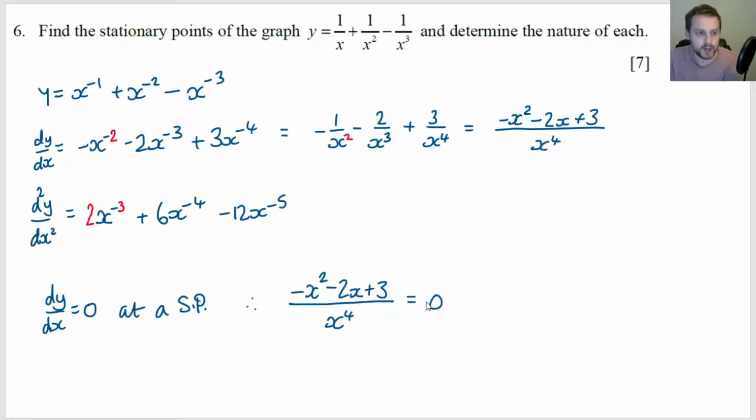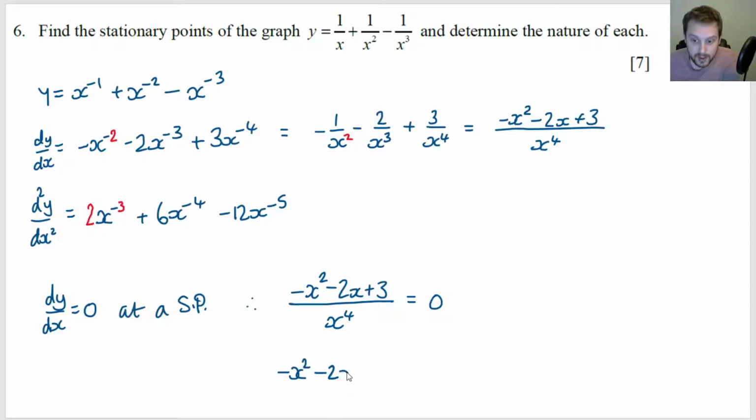Now, if you have a fraction equaling 0, then the numerator has to be 0. An alternative way of thinking about this is I'm just going to times both sides by x to the power of 4, right? On this side, I'll be left with the numerator, and on this side, I'm going to have 0 times x to the 4, which is, of course, still just 0. So it's actually enough to just solve this.